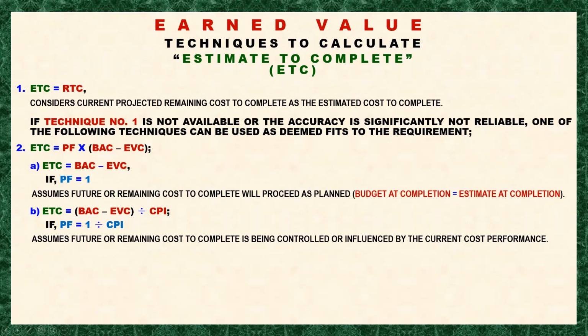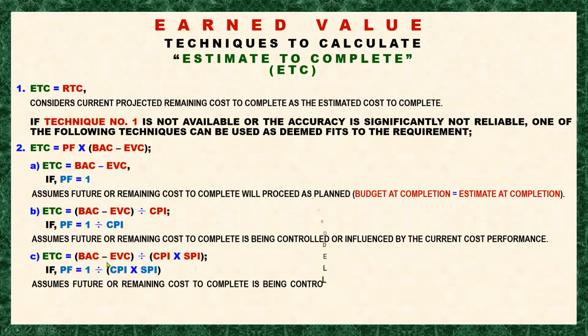The current trend of the work expenditure is being considered to influence the remaining work performance. So if we are more concerned with the cost outcome of the next or future period, then we have the motivation to choose this technique. Okay, so let's move forward.